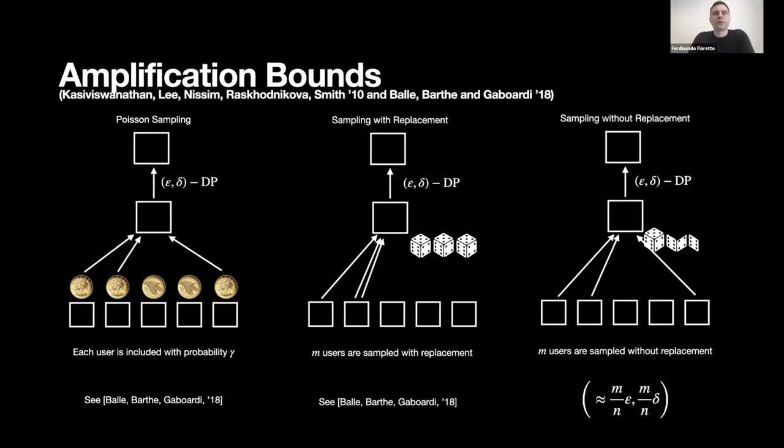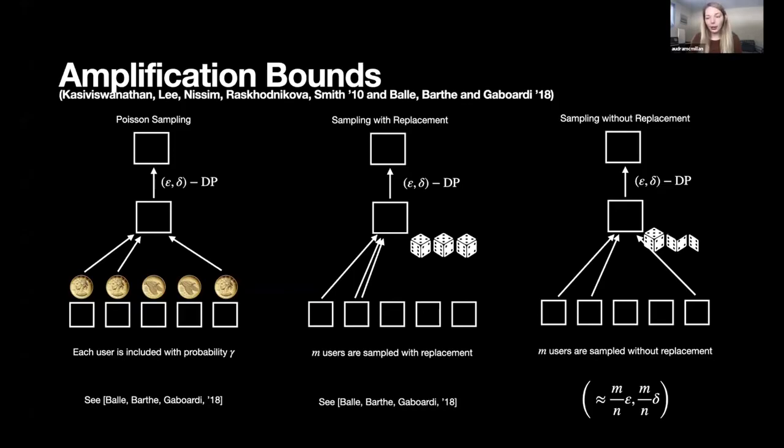Perfect, thank you. I can say a similar thing for epsilon-delta differential privacy, so it also amplifies. The amplification bounds for Poisson sampling and sampling with replacement do exist, but they're quite hard to state, so I'm not going to state them here, but if you are interested, you should see this very nice paper. The one for without replacement we can state quite easily.